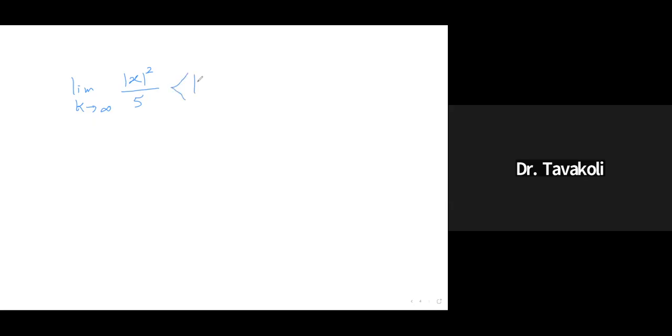There is no k remaining, so there is no need for the limit sign. Let me multiply both sides by 5. x squared is already positive, so there is no need for the absolute value sign. So x squared must be less than 5.